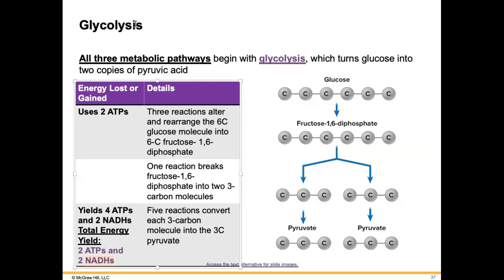So at the end of glycolysis, we have 2 pyruvate, 2 ATPs, and 2 NADHs. Now, depending on if there's oxygen present, pyruvate will either go on to aerobic respiration or go on to anaerobic respiration.